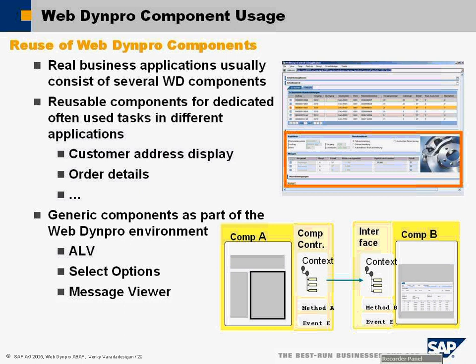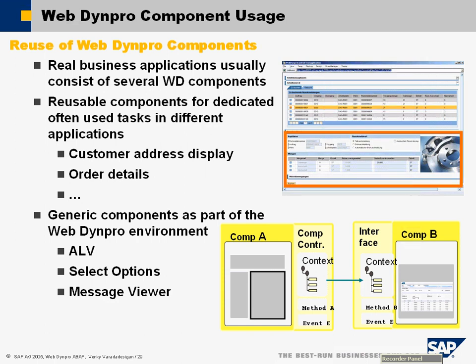If you're building a small component of a screen which needs to be done for another window, you don't have to repeat all the modeling. Instead, you can define that in a separate component and then reuse it. So the basic reusable block is a component. If you want to reuse something, build it as a separate component.